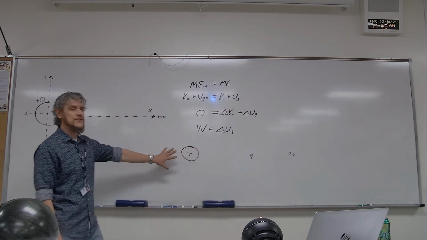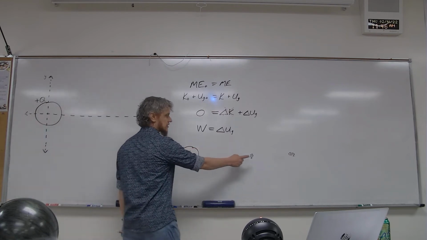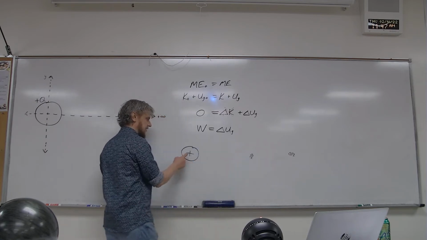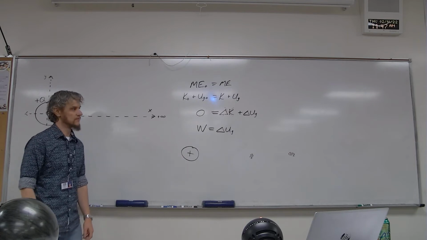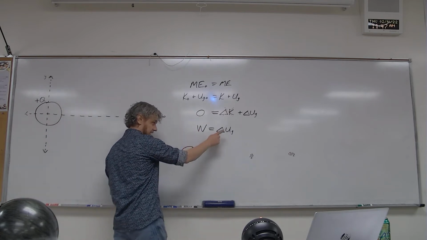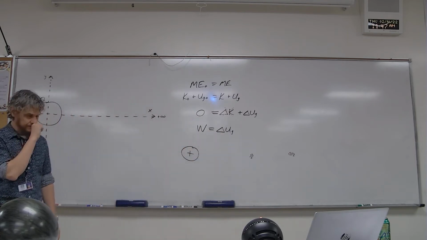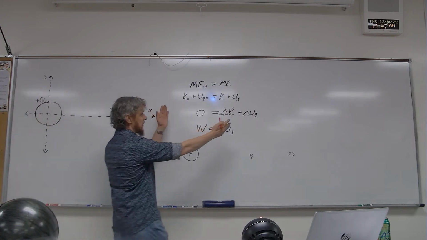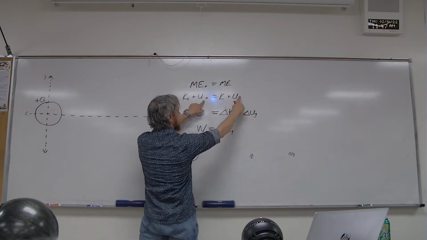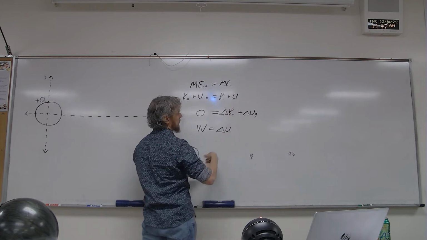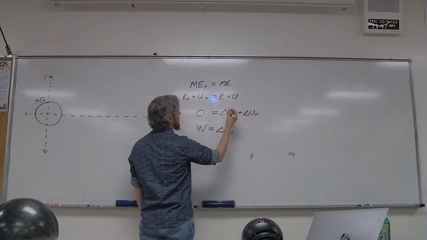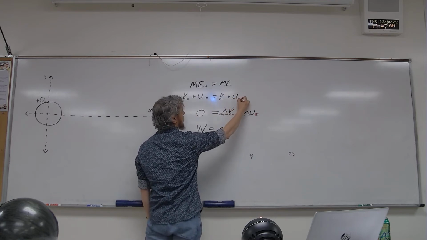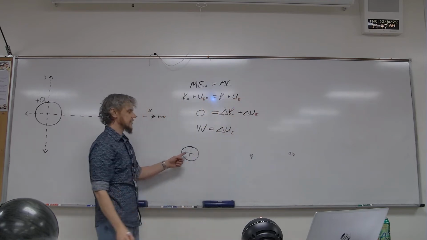But let's do this formally. I want to bring this Q in the presence of this charge here and determine how much work is required to do so. The work that I do is exactly equal to the potential energy that I will store. It has the same meaning; we're just changing the G's to E's. It's a little more complicated because the field strength won't be constant here.